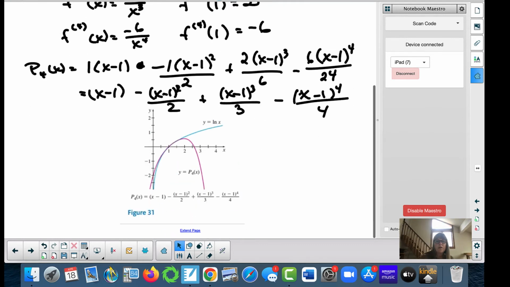That polynomial graphed is this red graph. This is natural log of x. So once again, at 1, we're very, very close to being the same. Now, what we haven't looked at yet is the error bound, that Lagrange error bound. So we're going to do that in this next example.